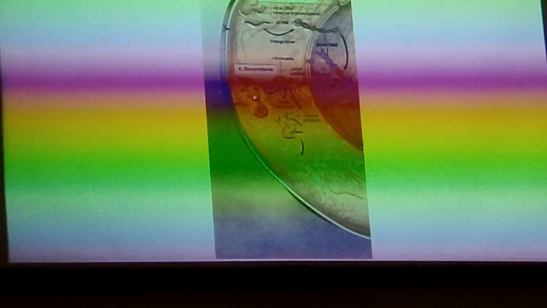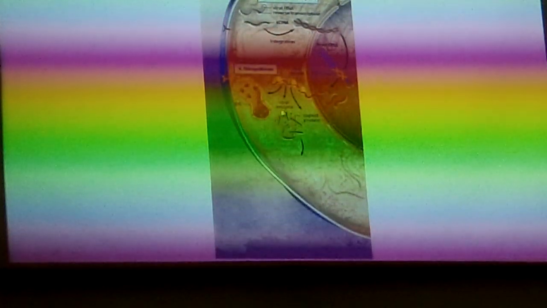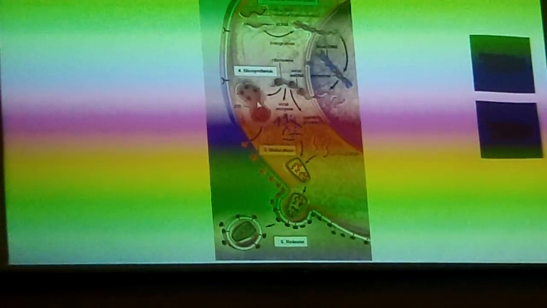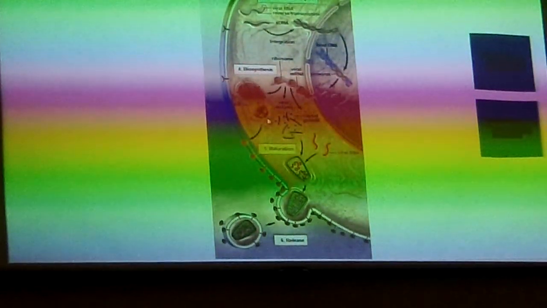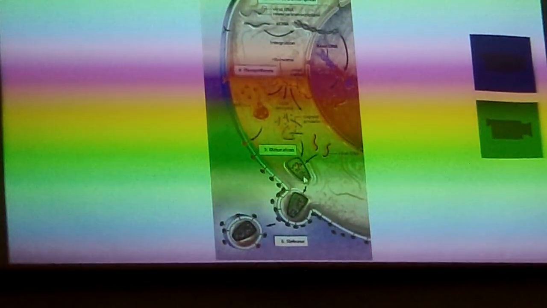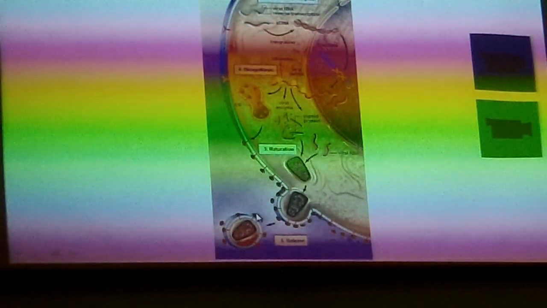In the endoplasmic reticulum, you get a bunch of proteins that are for the virus. And then this is all put together in the cytoplasm. See all these little proteins for the virus get put onto the membrane here. And then the virus will bud off and you have a new virus.